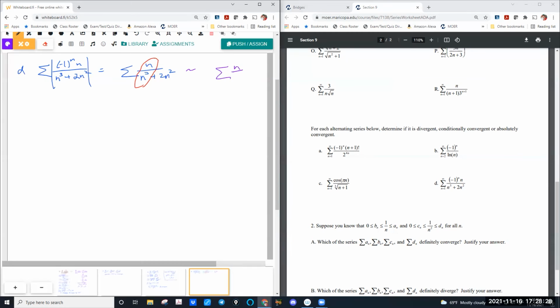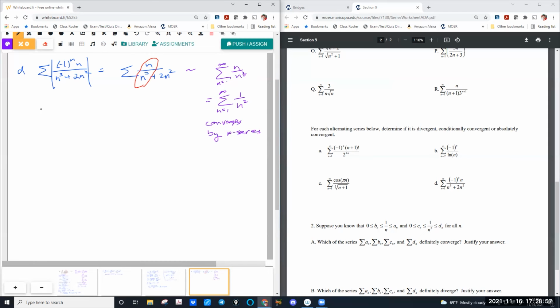So if we were just looking at n over n cubed, well, this reduces down to 1 over n squared. I'm not writing it, but these are all n equals 1 to infinity. This we know converges by P-series.